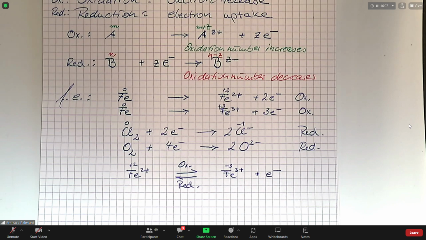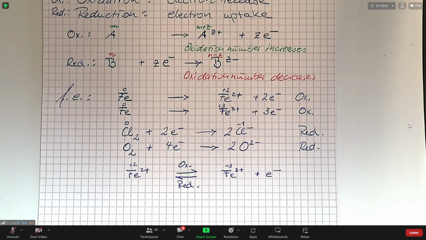For example, when this is oxidized, a proton can take up that electron. And what is produced when a proton takes an electron? H+ takes up an electron. What is the product? Hydrogen gas. So first of all, we will observe the production of gas bubbles, hydrogen.